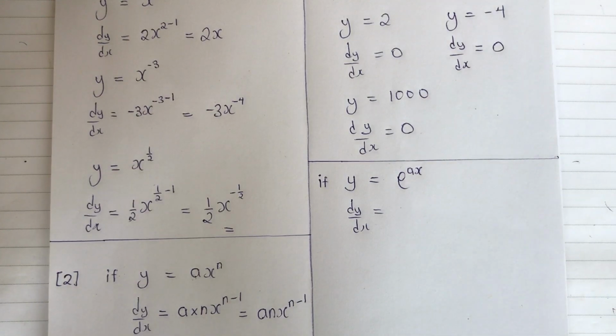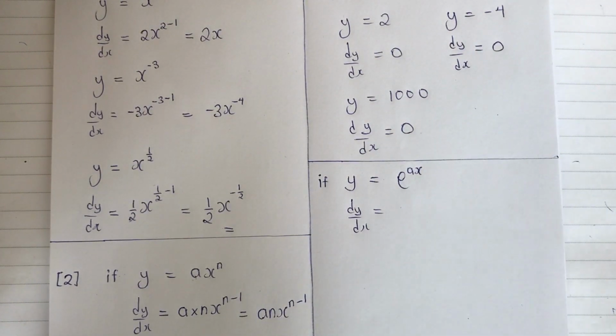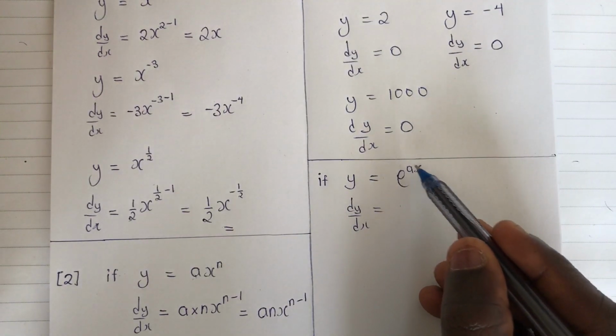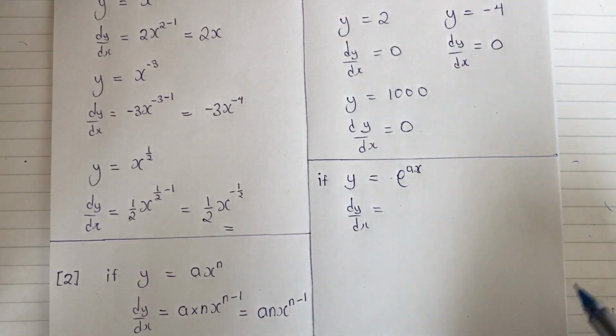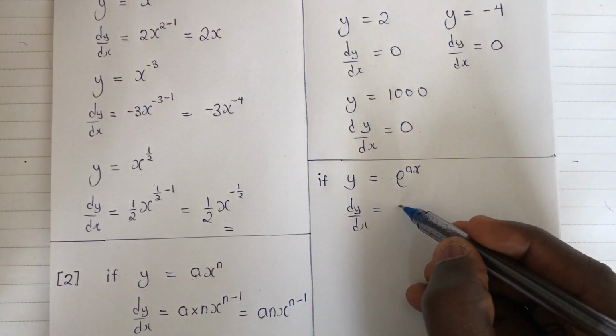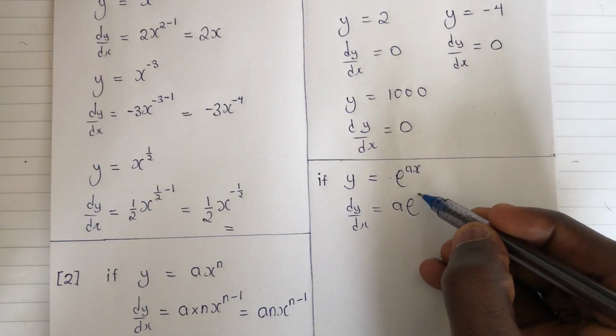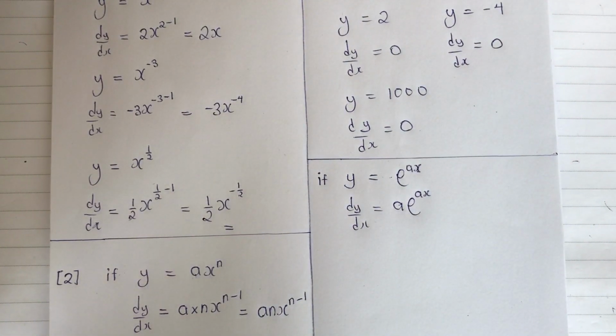So do not be confused when you come across a different variable, let's say u. Don't say you haven't seen it before. So all you need to do is use the coefficient of whatever variable you have here to multiply the function and raise it to the same power. That is all. So this will give you a e raised to the power of ax, and this is how you differentiate an exponential function.